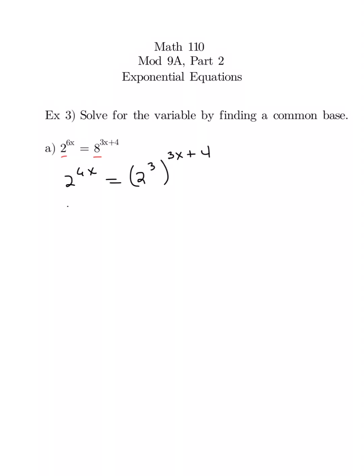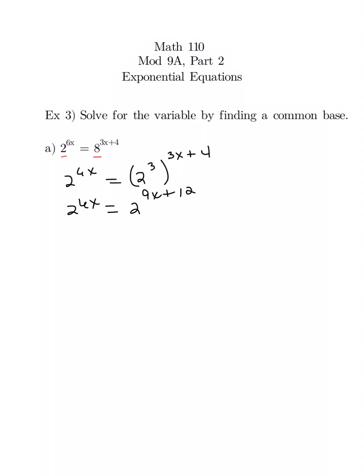The left side stays as is. On the right side, we have 2 to the third being raised to another power, and exponent rules tell us to multiply those powers. So the right side becomes 2 to the 9x plus 12.